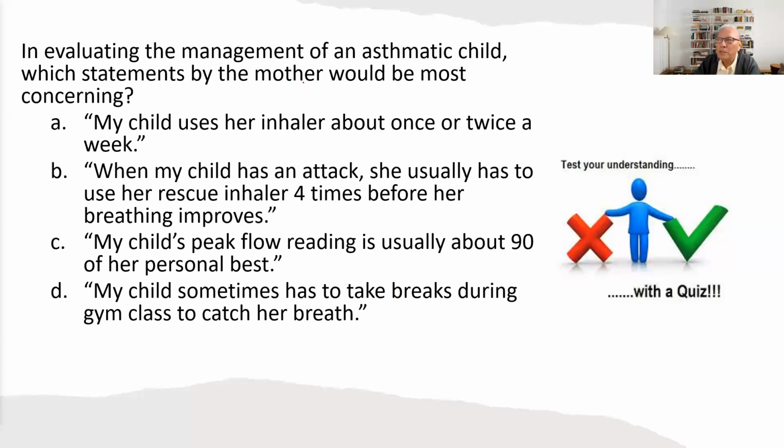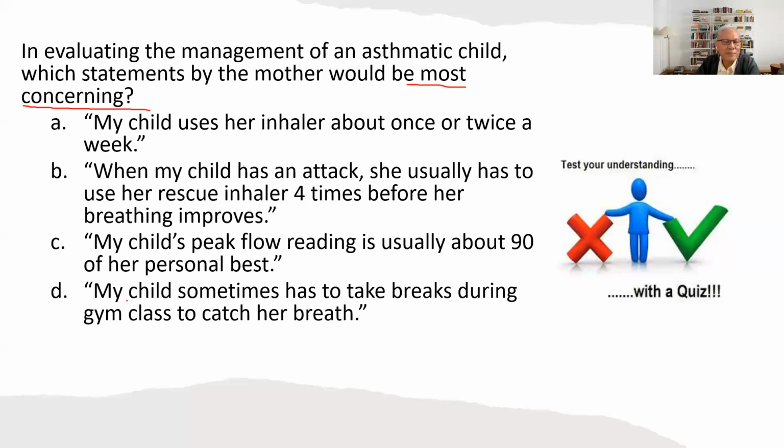In evaluating the management of an asthmatic child, which statements by the mother would be most concerning? So most concerning. So we're looking for something that is bad. Your answer?